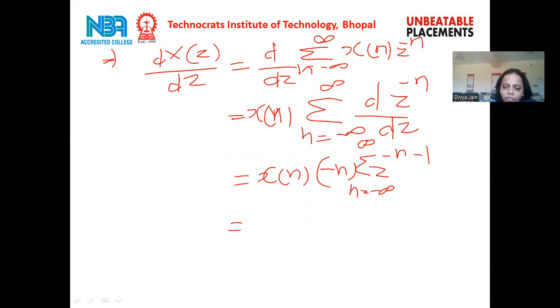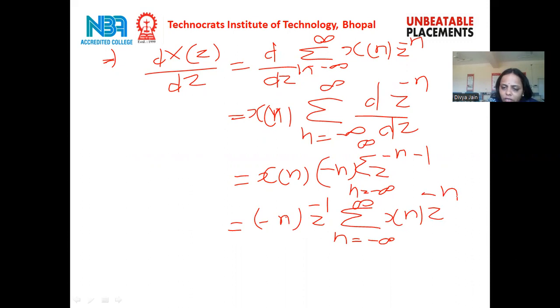So we can write it as minus z to the power minus 1 summation n equals minus infinity to infinity n x[n] z to the power minus n.